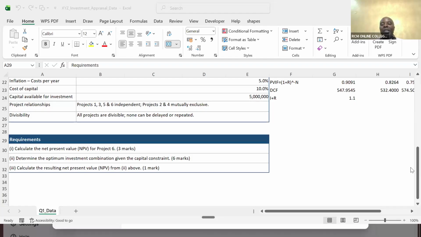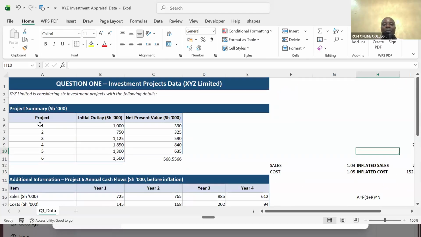So in this case, let's tackle number 2 by first of all giving these projects a profitability index. If I'm the one doing this question, ladies and gentlemen, this is what I will do. Because I know I'll be ranking these as 1, 2, 3 up to 6, first of all, I'll come here and introduce P. Like now this becomes P1.